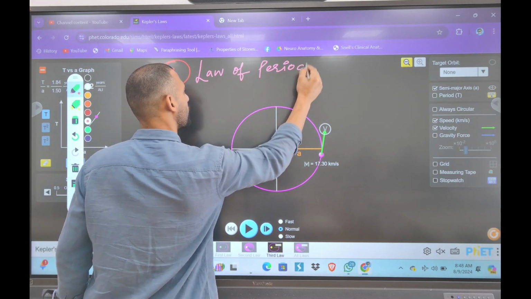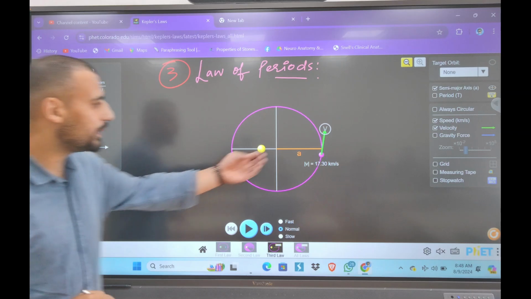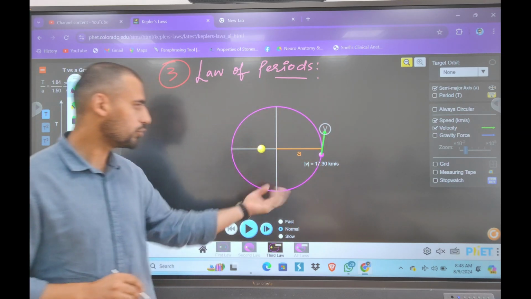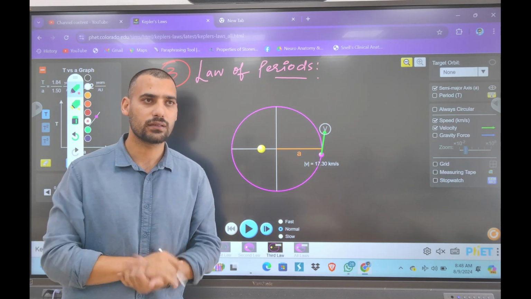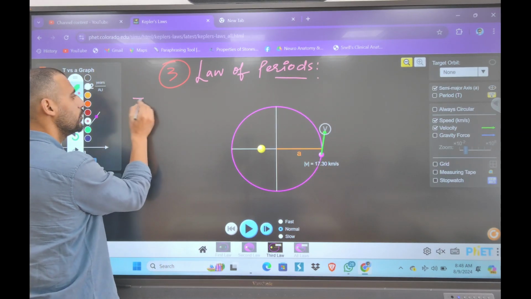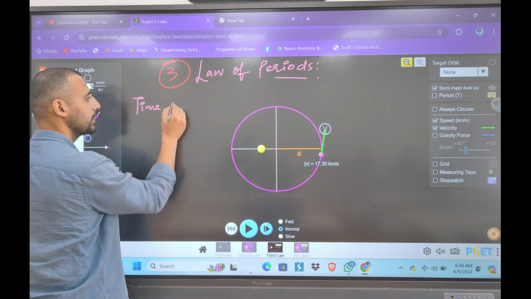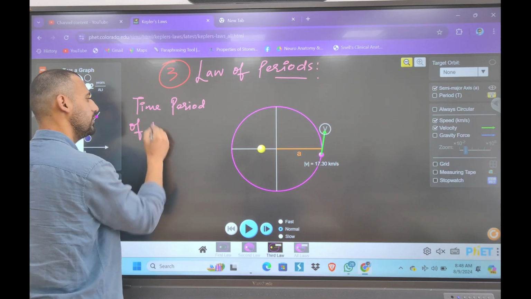Now what is this law about? As per this law, every planet, if I let a planet go around the sun, it will take some time to complete one cycle, isn't it? That time is called the time period of revolution, right?